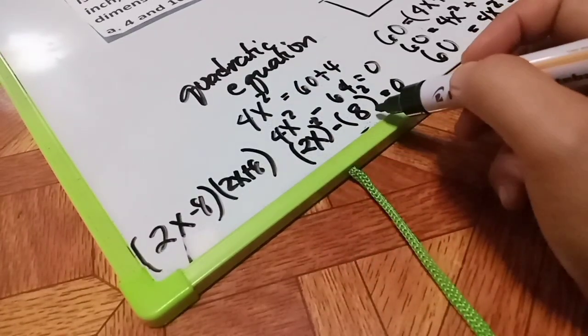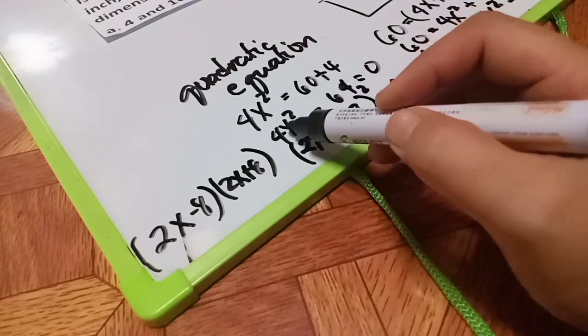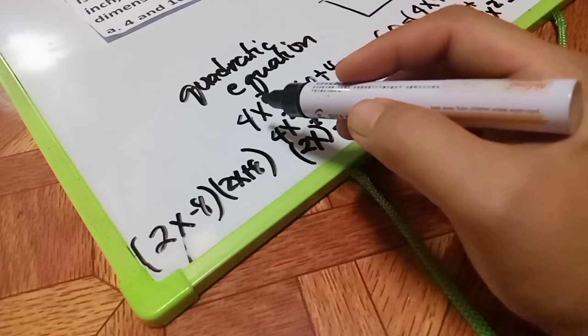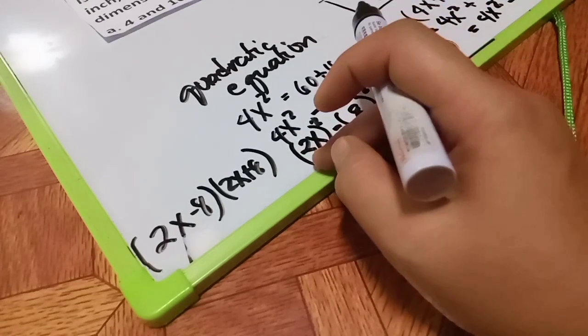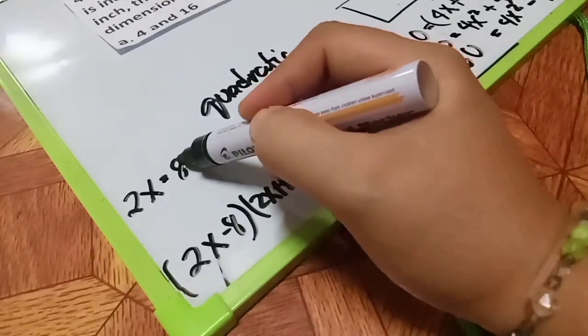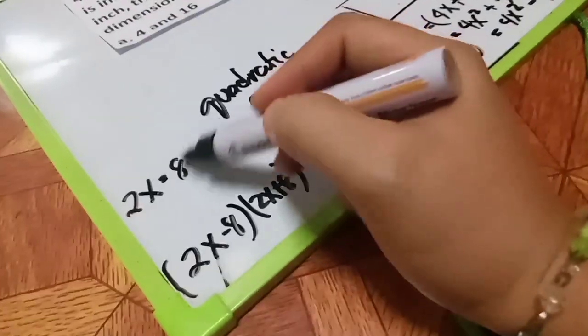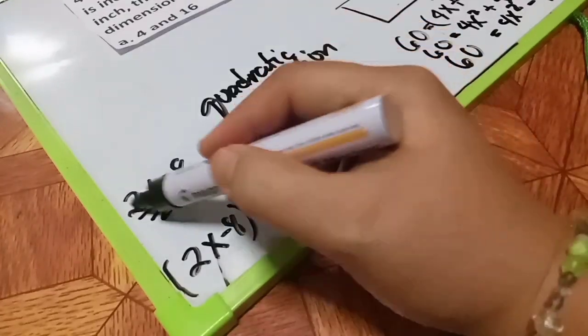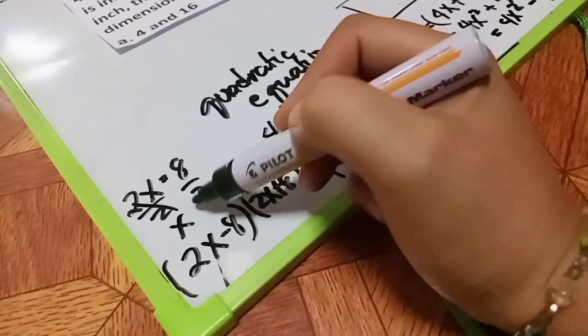Is that correct? If we take 2x equals 8, transpose and divide by 2, so x will become 4.